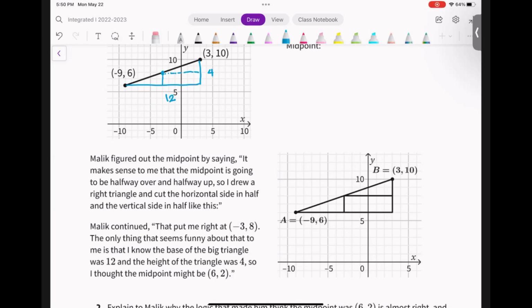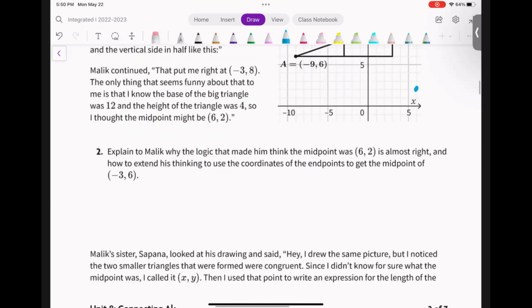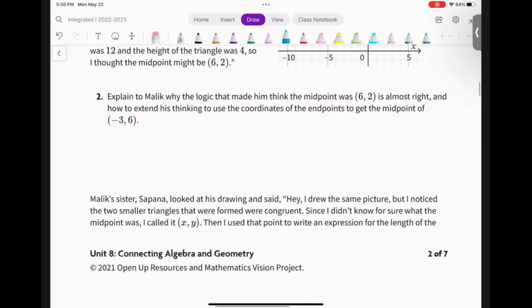And if you actually graph (6, 2), it's all the way over here. So do you think that could be the midpoint of that segment? And of course, everyone's like, no, but 6, 2 is not a coordinate point. That's how far it was horizontally and vertically from each of the endpoints. So make sure that you're able to explain that.